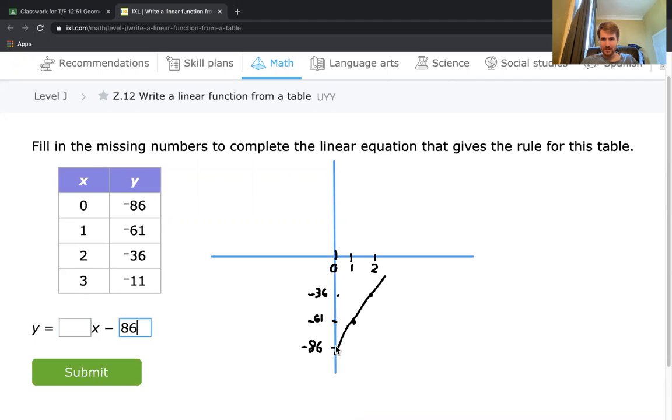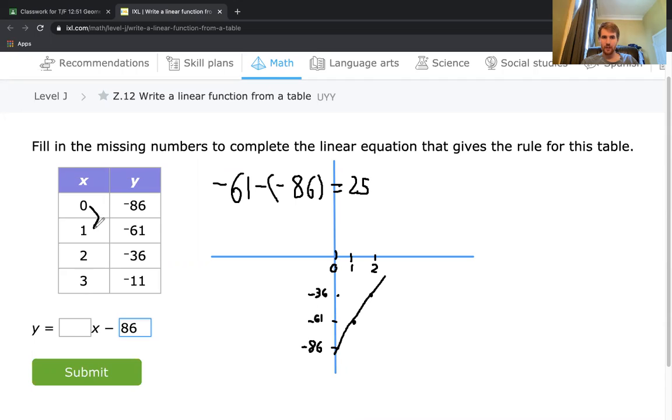Then I have to think, how much is it going up and over? Well, it's only going over 1, but how much does it have to go up to get from negative 86 to negative 61? What's the difference? You can do this on a calculator, but negative 61 minus negative 86 is 25. There's a 25 difference. So we have to go up 25 over 1, up 25 over 1.